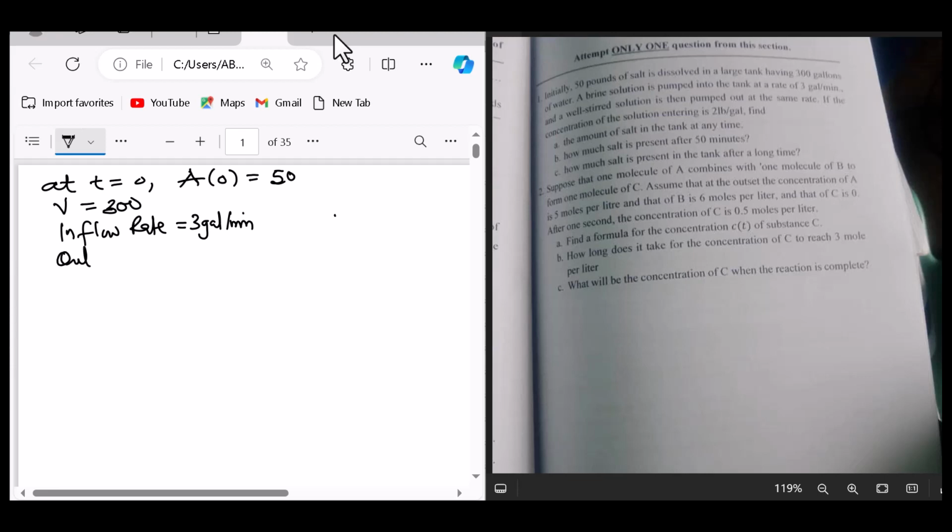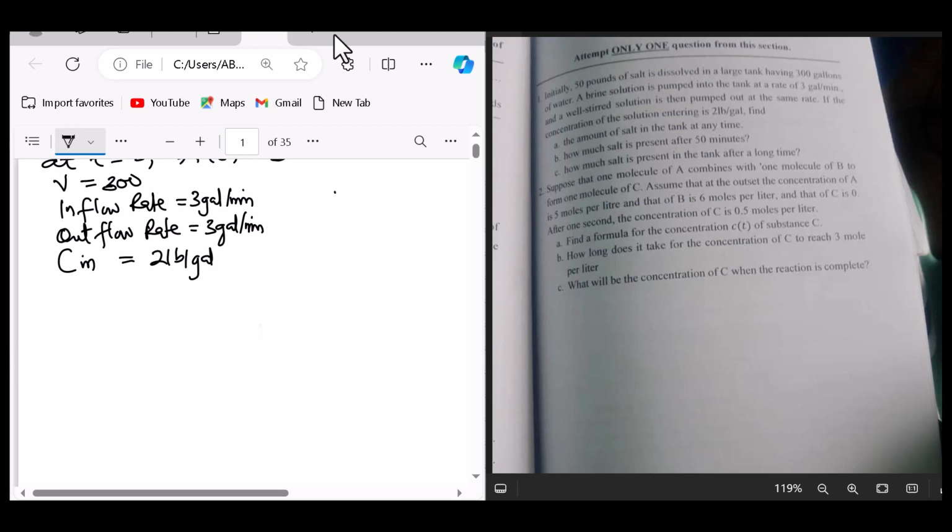So outflow rate equals 3 gallons per minute. And now the concentration of the solution entering, so concentration in, is equal to 2 pounds per gallon. Find the amount of salt in the tank at any time t.